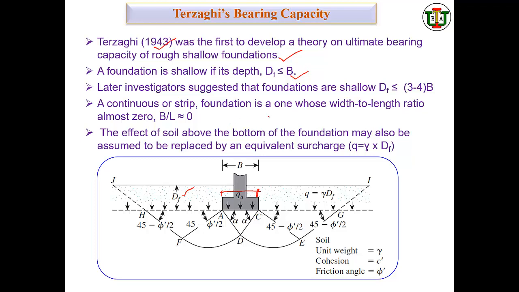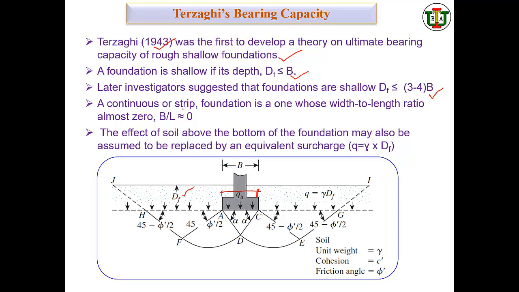That time we call it shallow foundations. And later investigators suggested that foundations are shallow if Df is less than or equal to 3 to 4 times B, right? So these two conditions are here to find out the shallow foundations, or based on the depth, whether you want to say it is shallow or deep.